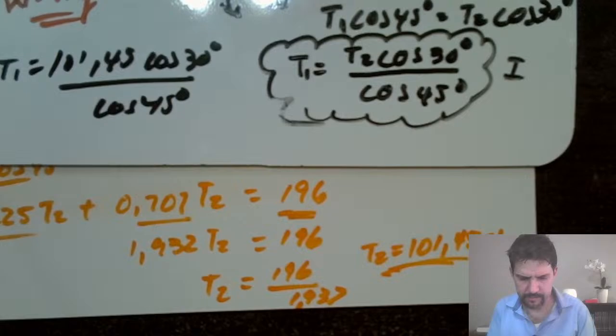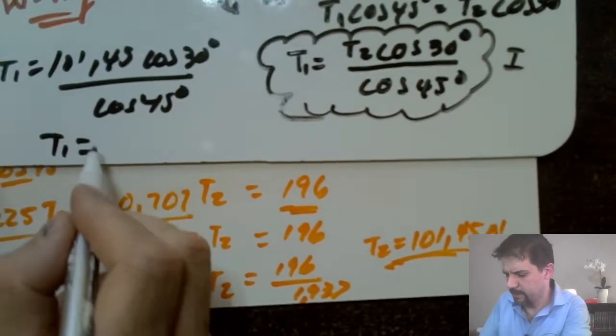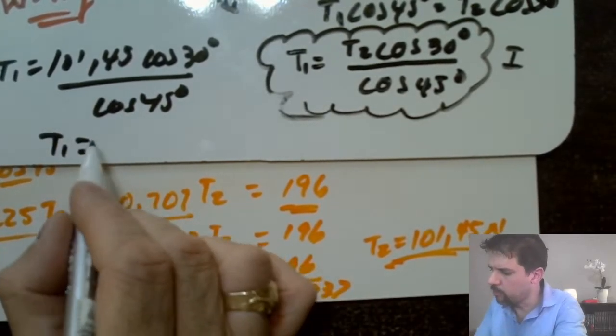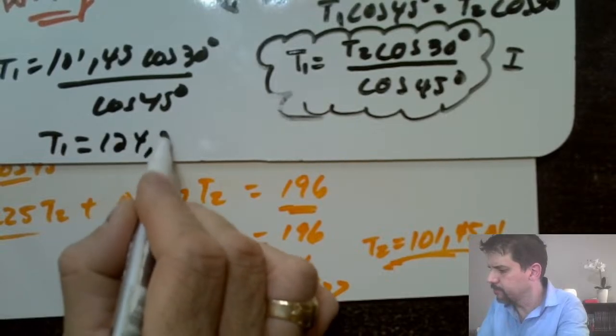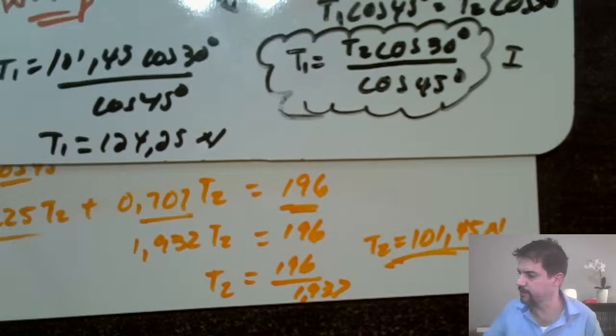There we go: 124.25, and that is T1. T1 is equal to 124.25. That is how we calculate both tensions.